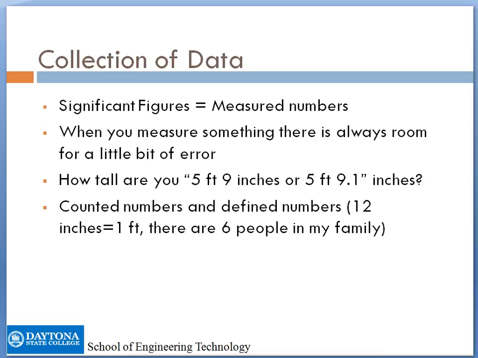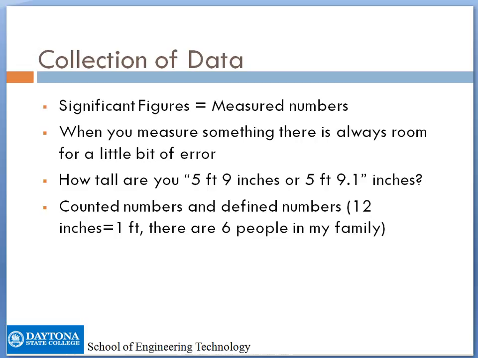Another concept that you need to understand is significant figures. Significant figures are what we call measured numbers. When you measure something, there is always room for a little bit of error, and you have to understand this. For example, if you ask how tall are you, a person can say, well, I'm 5'9", but in reality this person is 5'9.1".